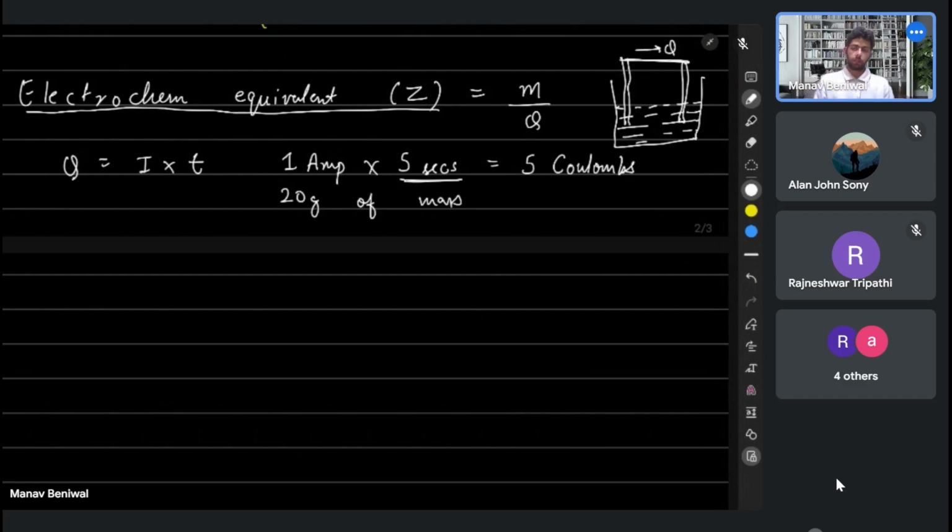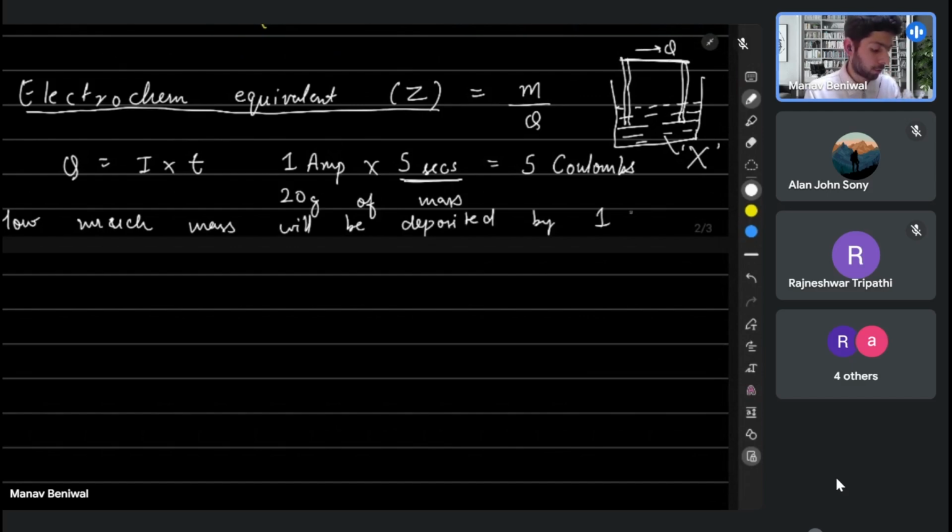Right? So we can then define a property of this substance. Let's say this is some substance X. We can then define the property of this substance, which is known as electrochemical equivalent: how much mass will be deposited by 1 coulomb of charge.